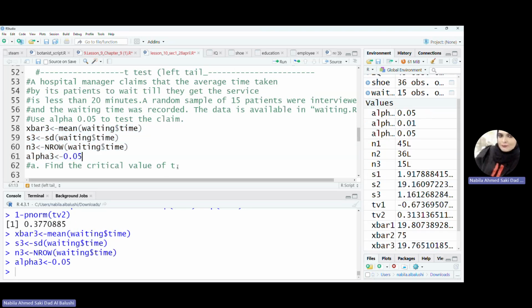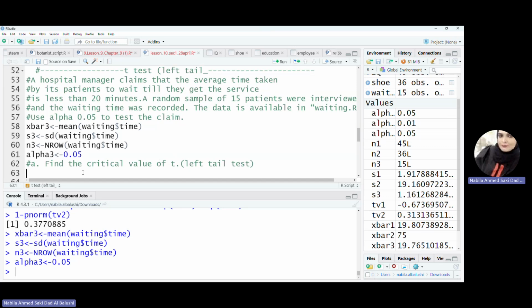Find the critical value of T. This is a left tail test, so the value of the critical will be negative. The critical value code starts with Q, and then this is a T distribution, so we write t. In T distribution, we must write the degrees of freedom. So first of all, because it's a left tail test, we write alpha directly.